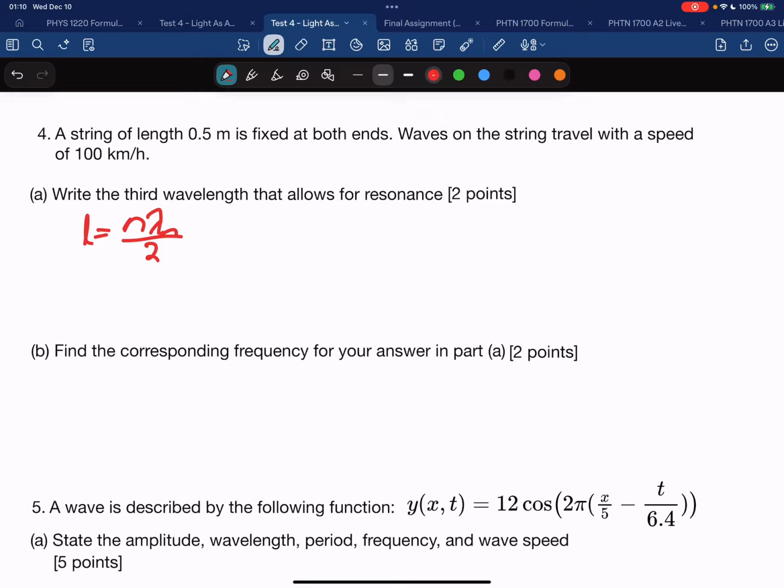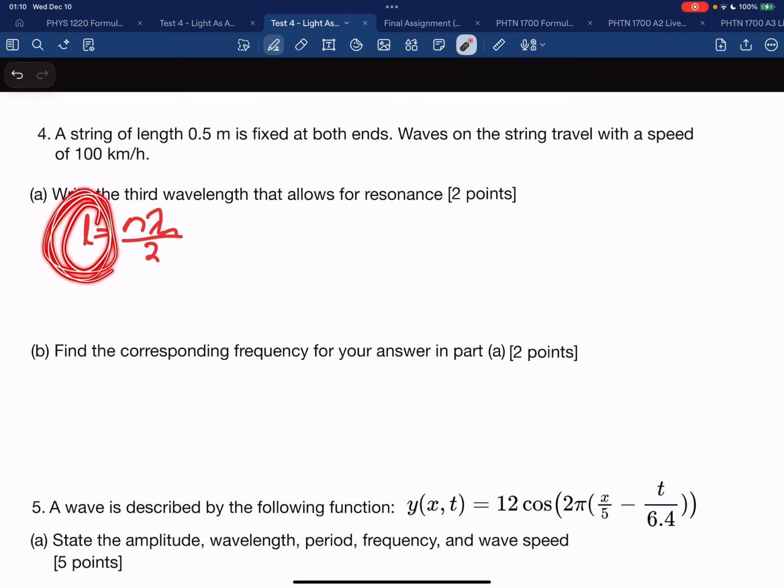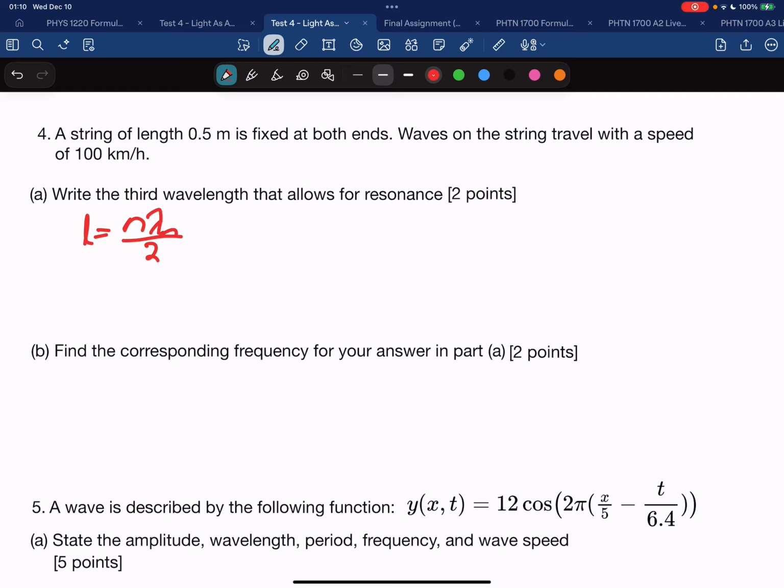And this vertical-ish looking line is just my crappy lowercase cursive L that I've drawn. Won't have to see that for too much longer, though. So rearranging for lambda 3, because we are looking at the third order wavelength here.